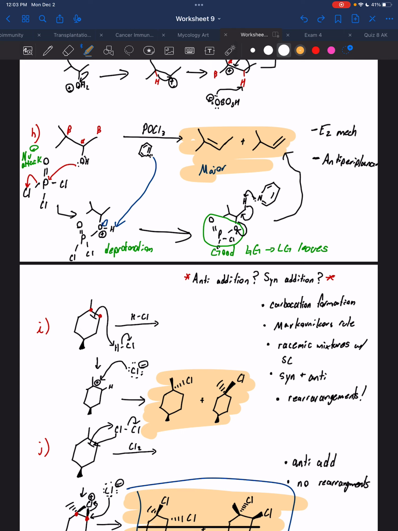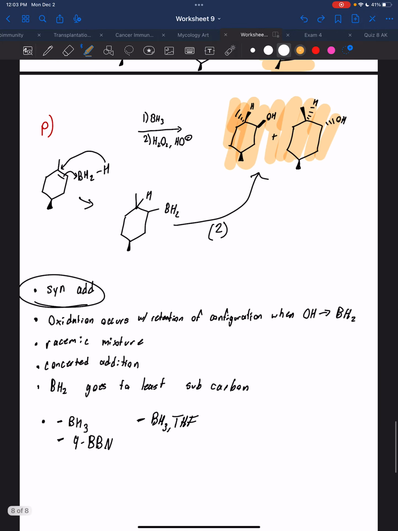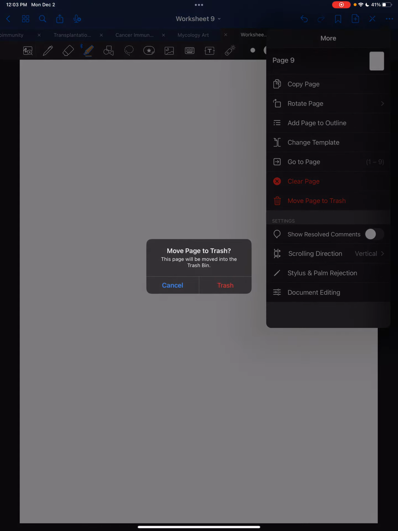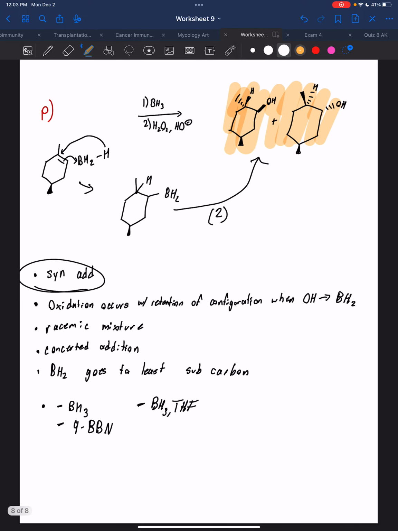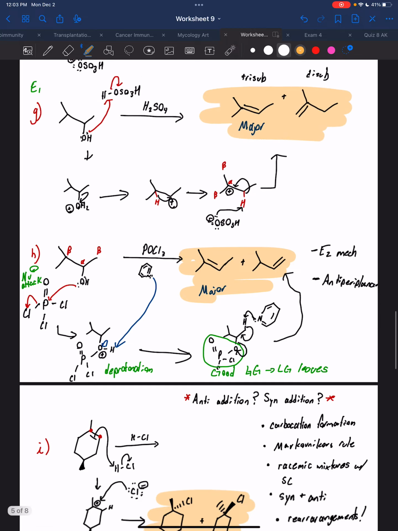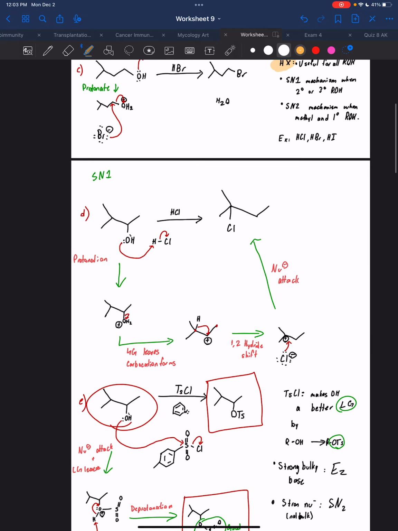Those things are good to memorize, but everything else goes according to what we expect, besides this last one as well, because that one goes with kind of anti-Markovnikov. So just account for the very, very different reactions. And then for the rest of them, just make sure that you find your patterns. If you find an acid, protonate, stuff like that.